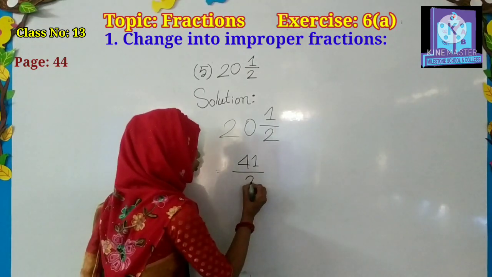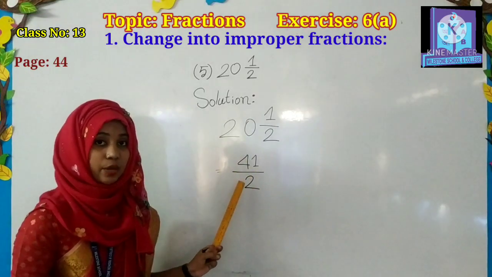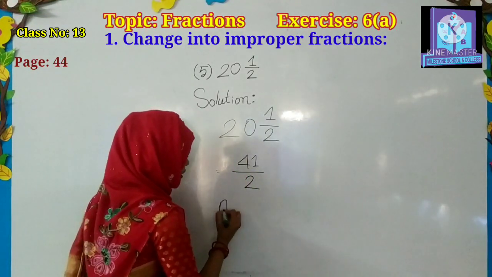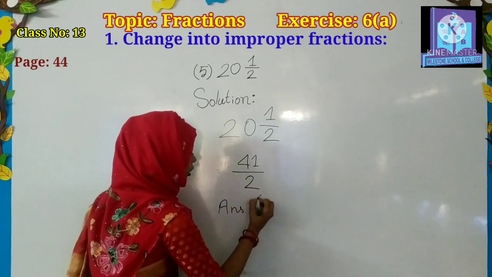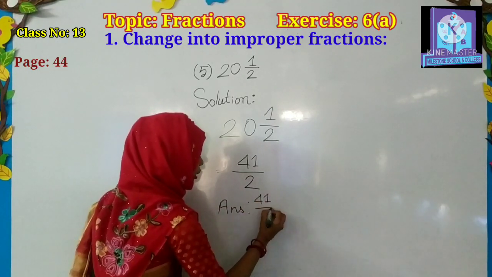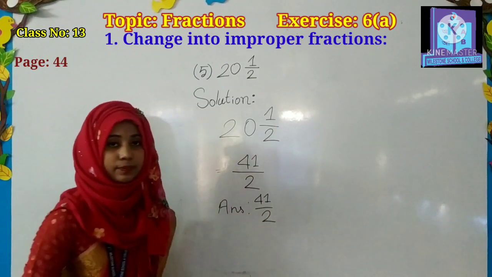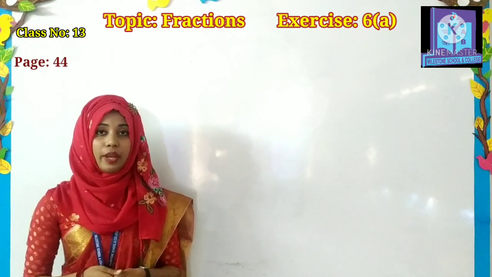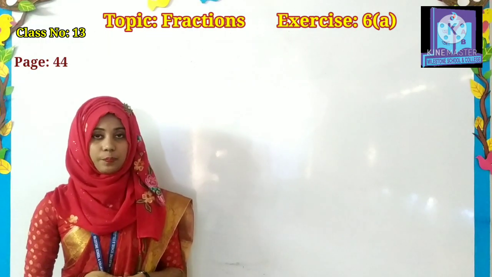It means 2. So what is the fraction name? Improper fraction. Our answer is 41 by 2. My dear, I hope everyone understood the process.